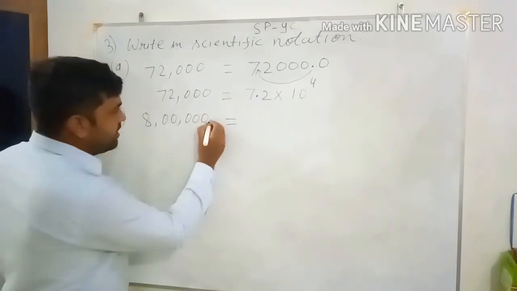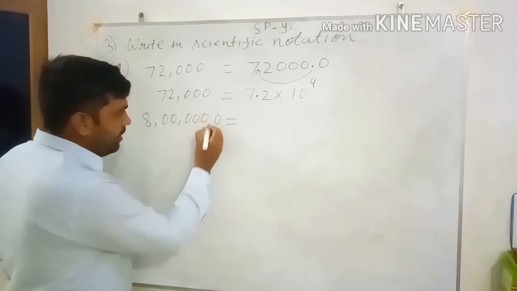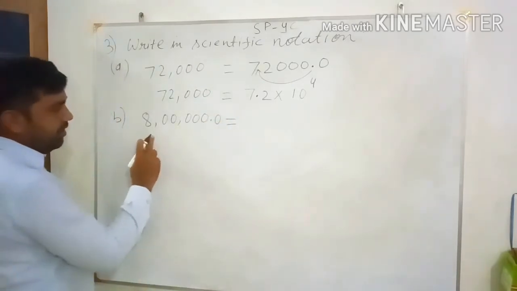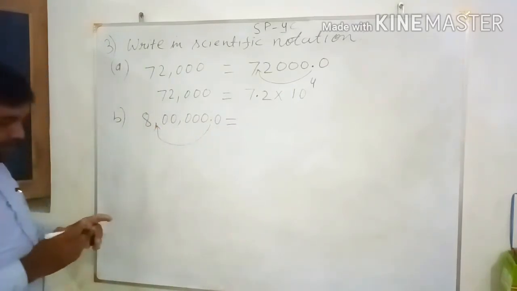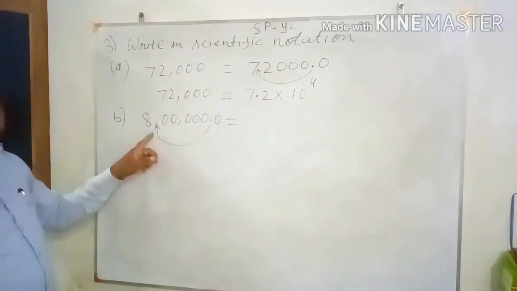So we can consider the decimal here, and after the decimal put 0. Now we want to shift this decimal here after 8. Then the number will become between 1 and 10.